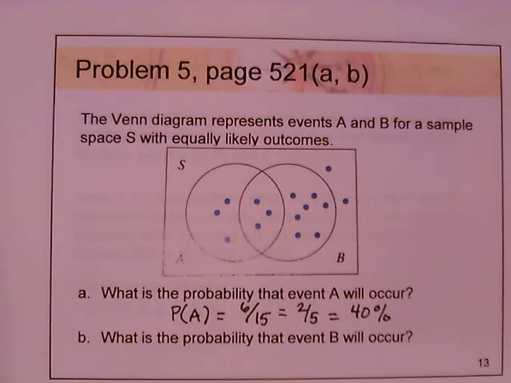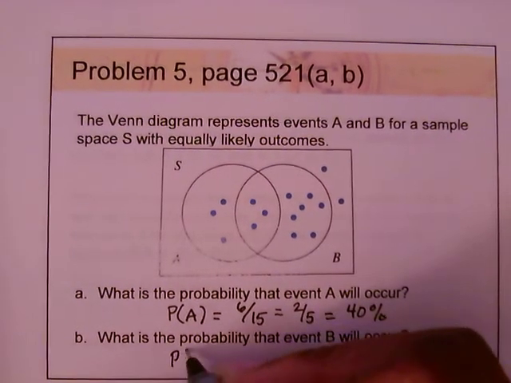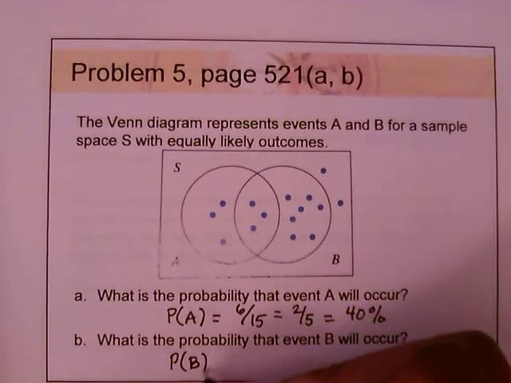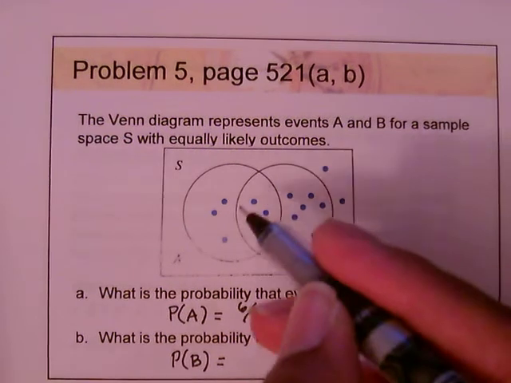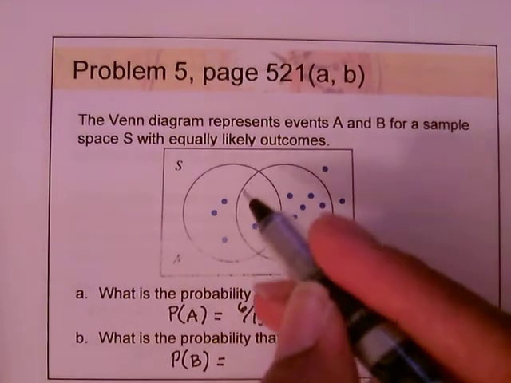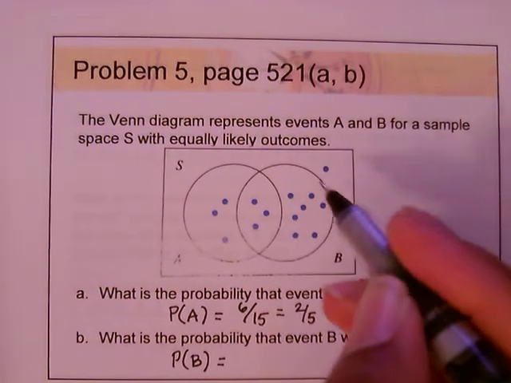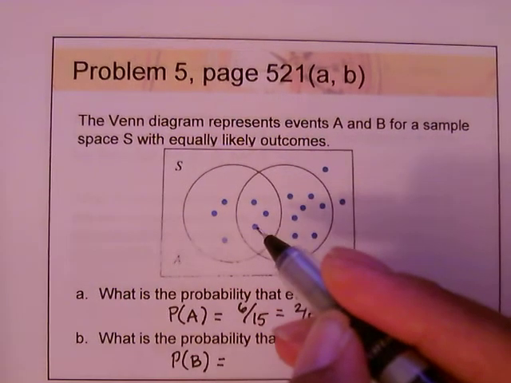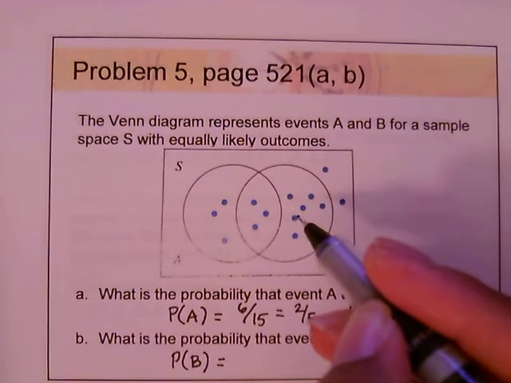Part B, what is the probability that event B will occur? So the notation would be probability that event B will occur. Well, this circle right here represents event B. We'll count up how many dots there are in B. So we got to count these 3, then 4, 5, 6, 7, 8, 9, 10.